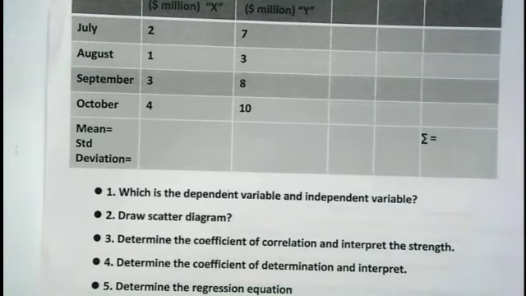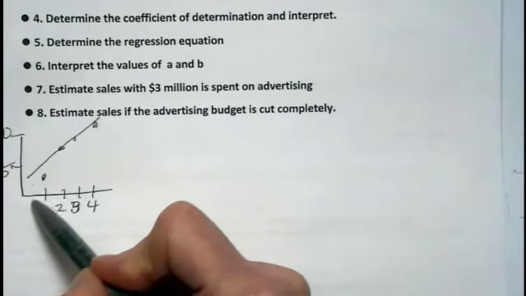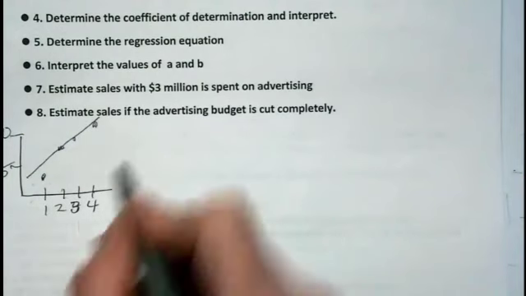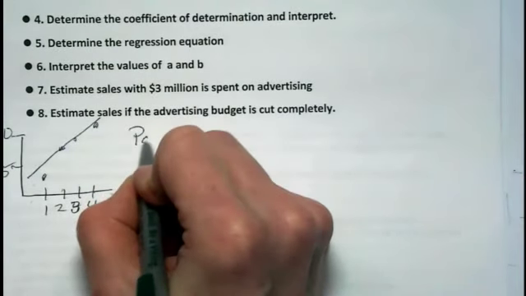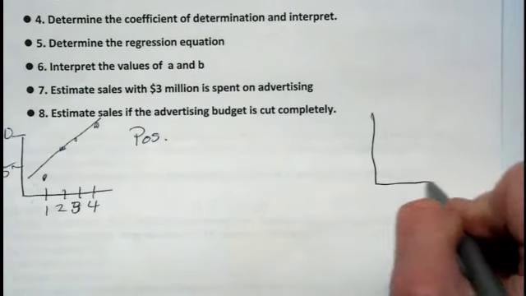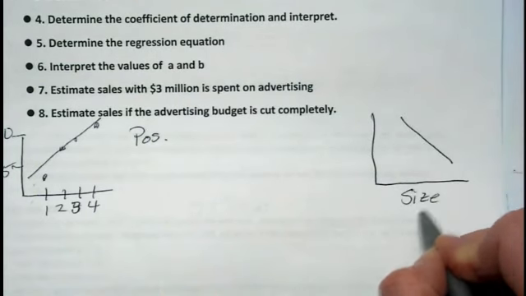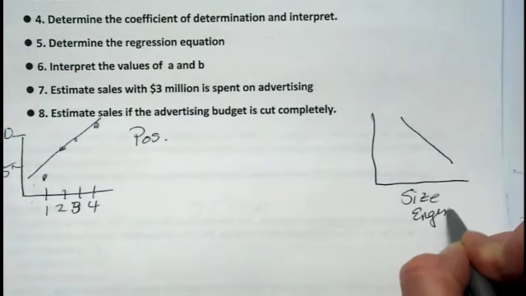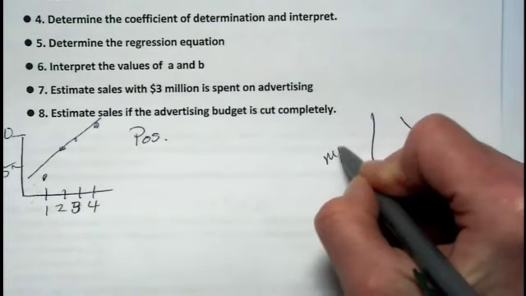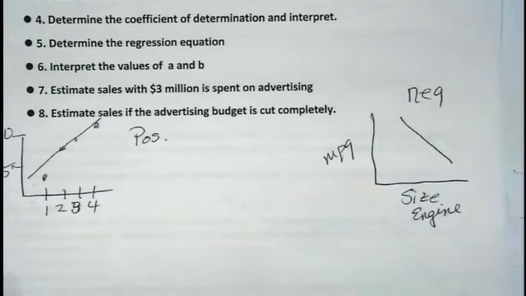So you can see this data. If the data is in this direction, it's positive. If it is in this direction, for example, size of an engine and miles per gallon, this is negative.